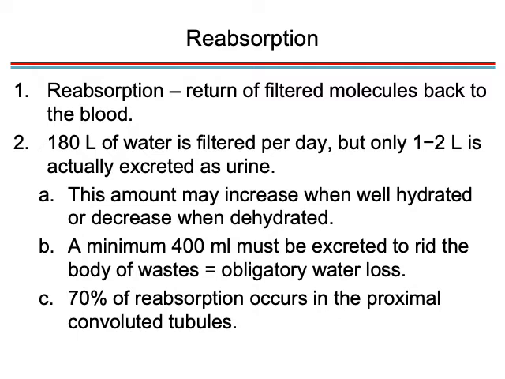In the next part of the nephron, the proximal convoluted tubules, about 70 to 75% of what got filtered originally in Bowman's capsule now gets reabsorbed from the filtrate, the nephron, back into the blood.